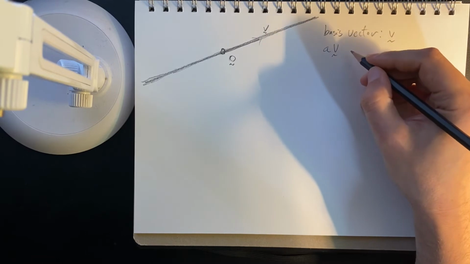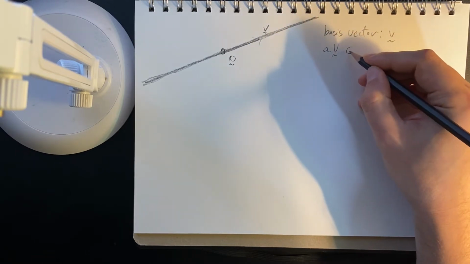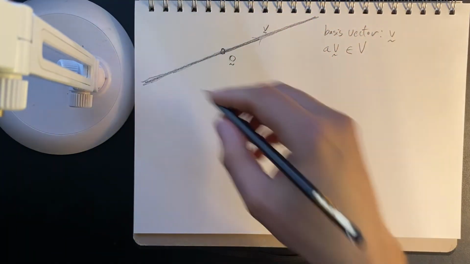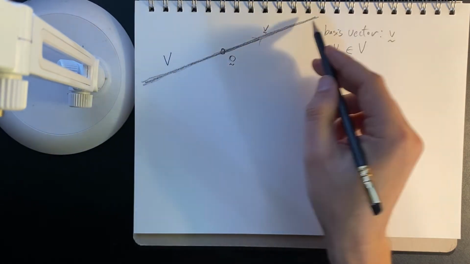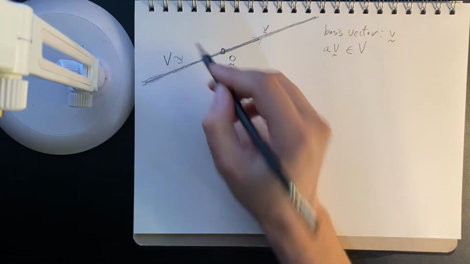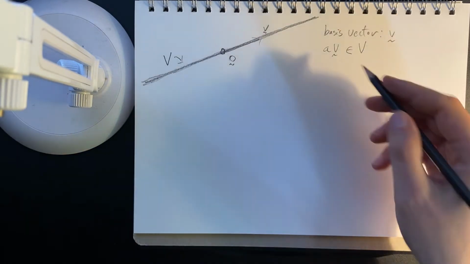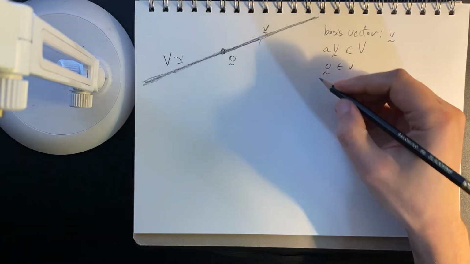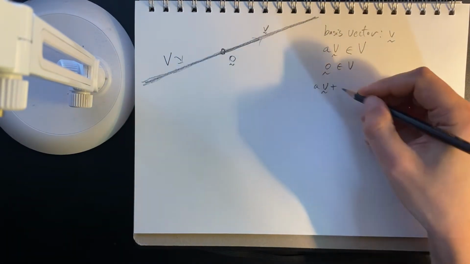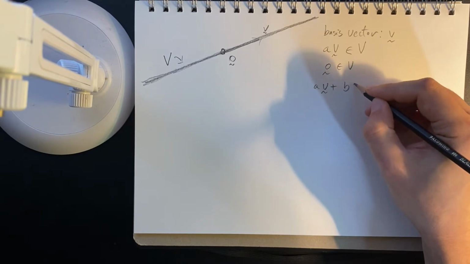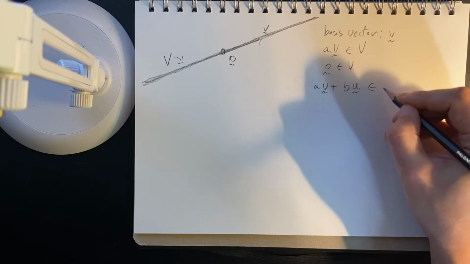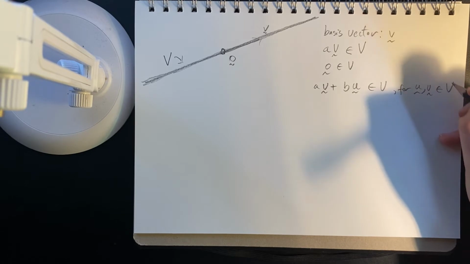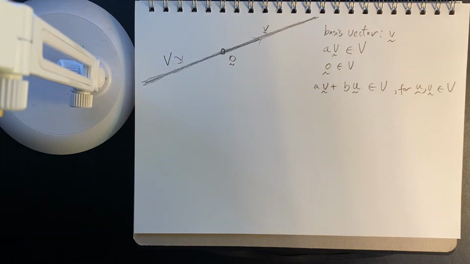if I multiply that, that's within V. So I'll have this space of the infinite line is V. And then 0 is within V, and I can add two vectors and the resultant is within V, provided we started with vectors in V. And that's it.